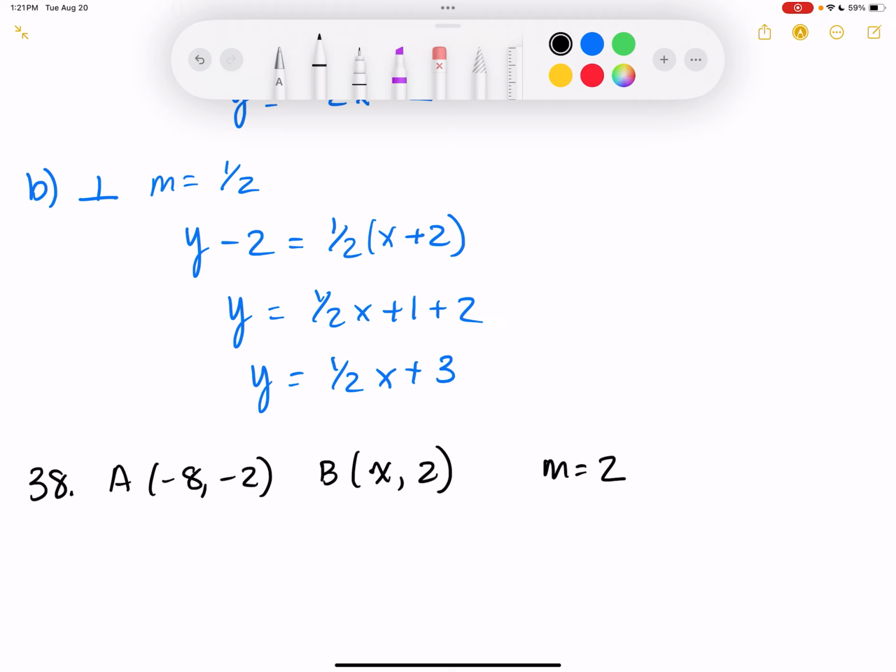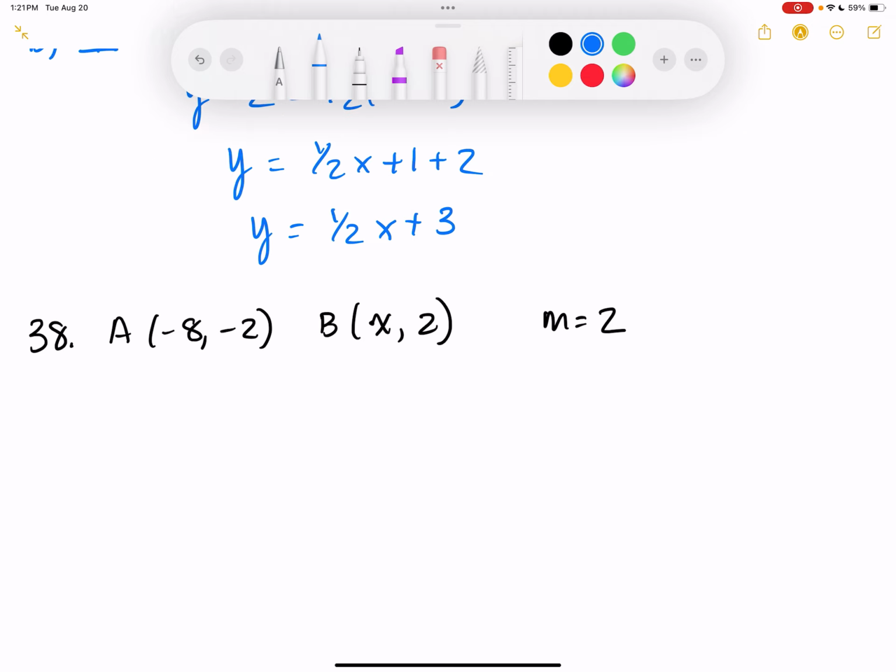2 equals 2 plus 2 over x plus 8. So 2 equals 2 plus 2 over x plus, nope, that's an 8, x plus 8. Now what?